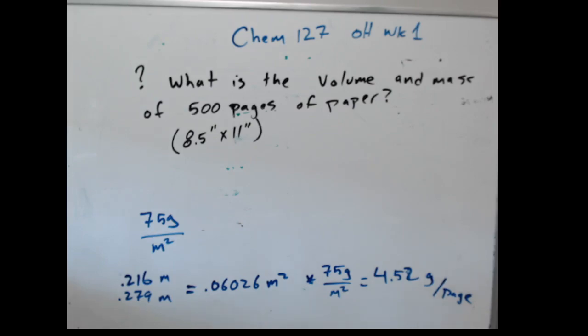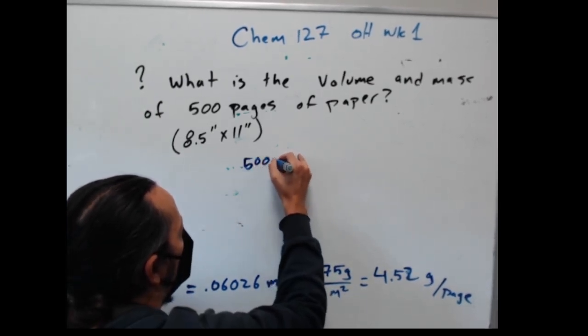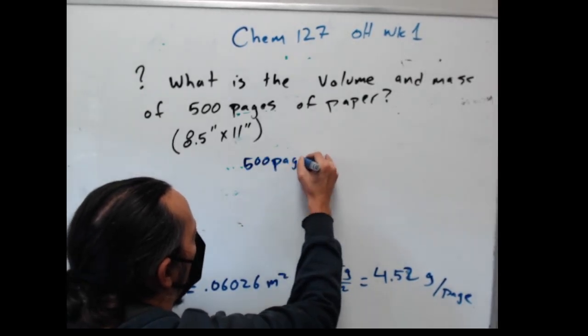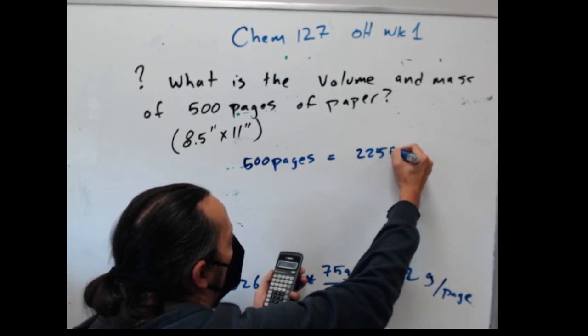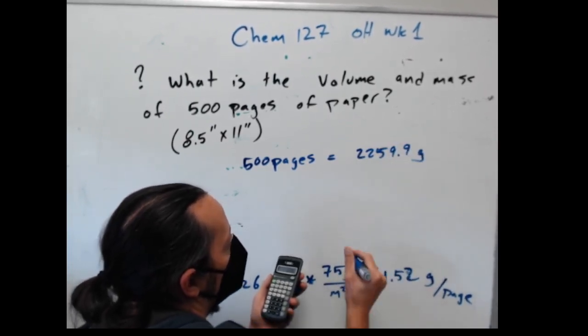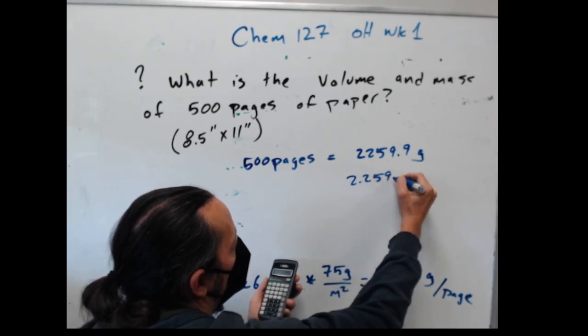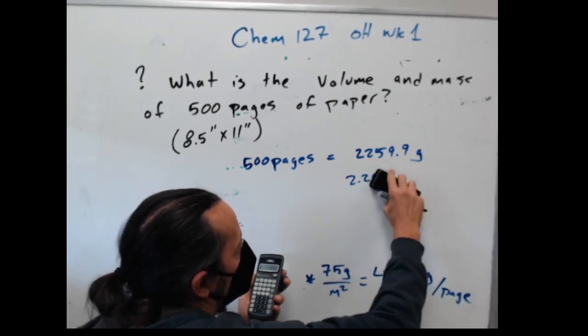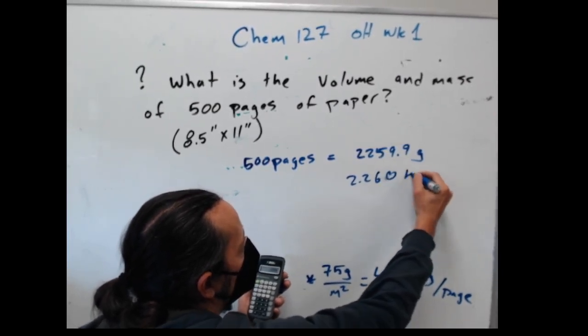So that tells us that 500 pages, I can multiply that by 500. 500 pages is going to have a mass of 2259.9 grams, which is 2.260 kilograms.